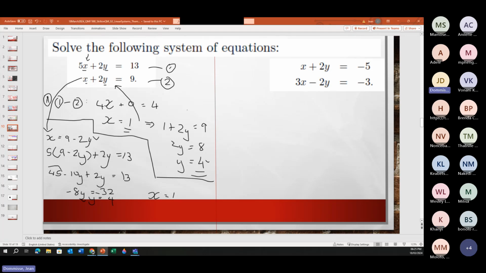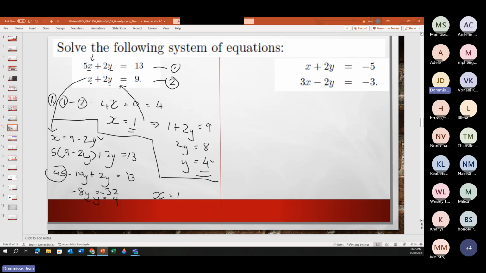Yeah, because we take 45 away from the left-hand side, we basically subtract 45 on the left-hand side. We need to do the same on the right-hand side, so that it becomes negative 45.